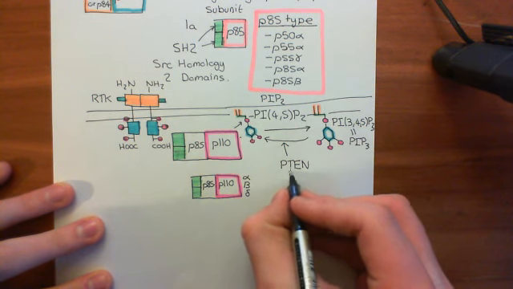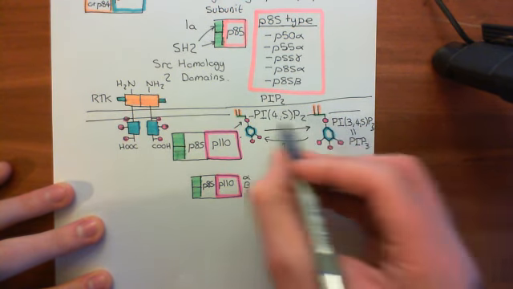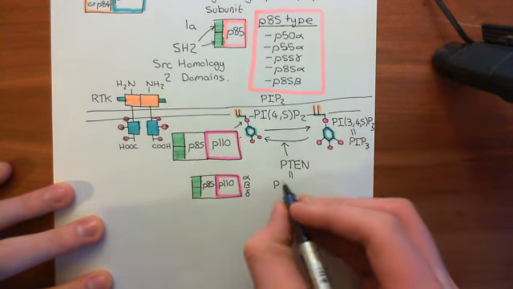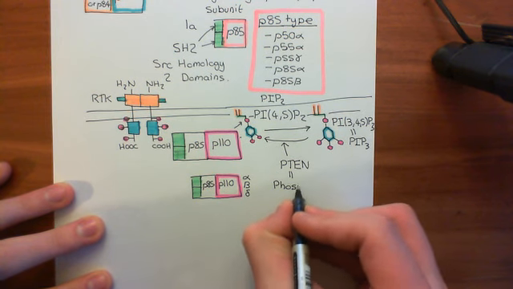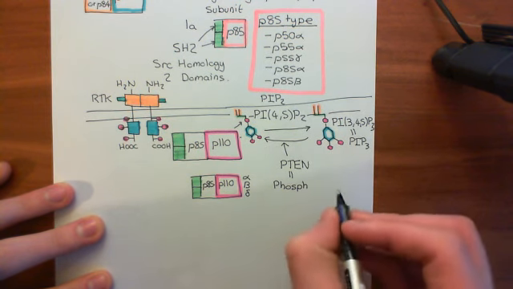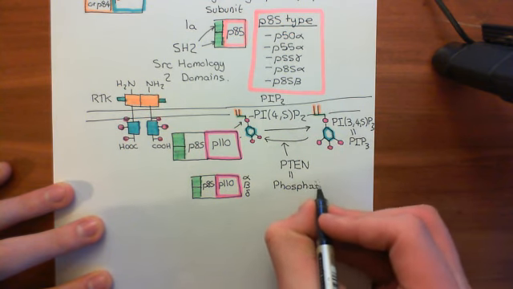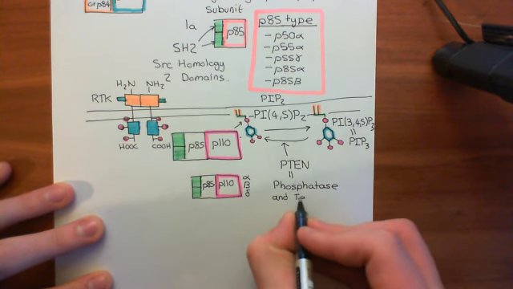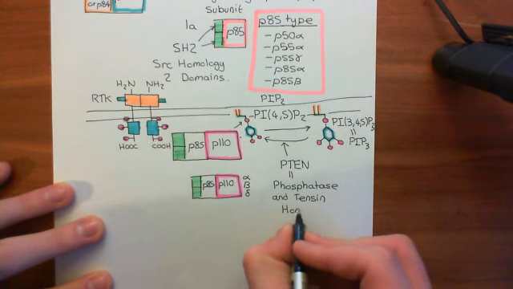So P10 is an enzyme which will be scouring the membrane looking for PIP3 molecules and breaking them down. This is one of the reasons that you have very little PIP3, if not none, in the cell membrane usually. So this stands for the phosphatase and tensin homolog enzyme. The P is for phosphatase and the 10 is for tensin homolog.